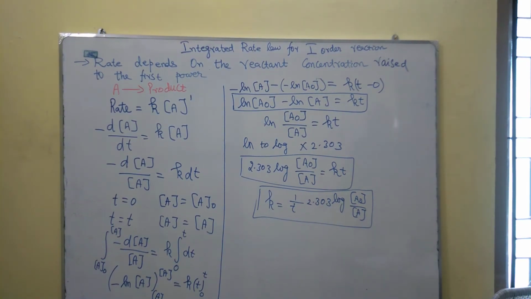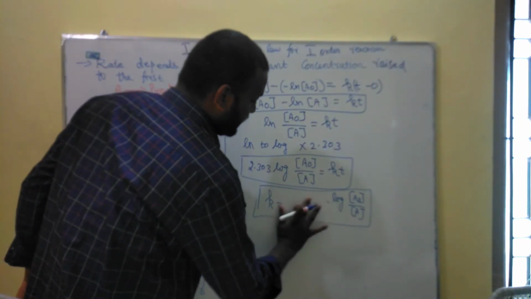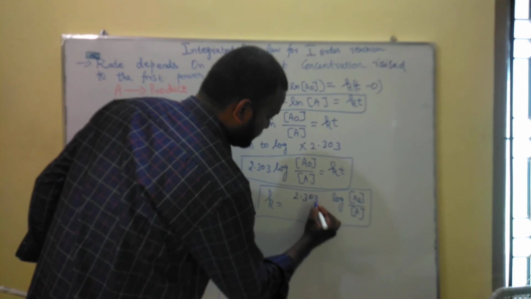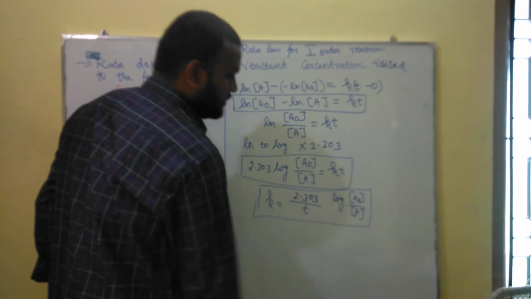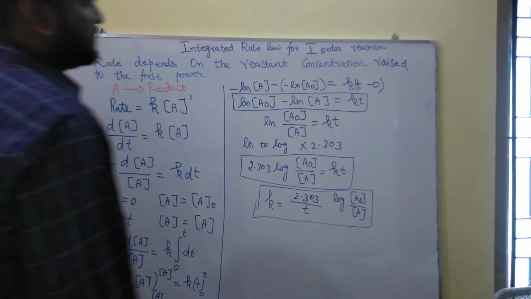If we rearrange, it is 1 by t, 2.303, or simply 2.303 divided by t log A0 by A, also applicable. So this is the integrated rate law expression for the first order reaction.